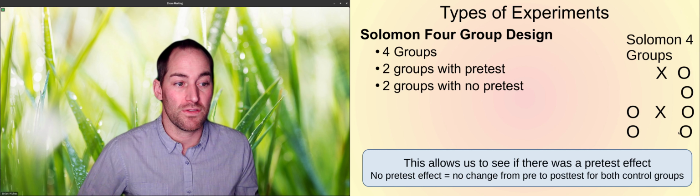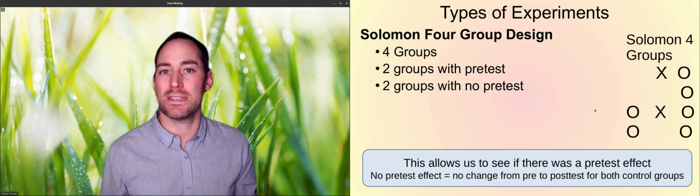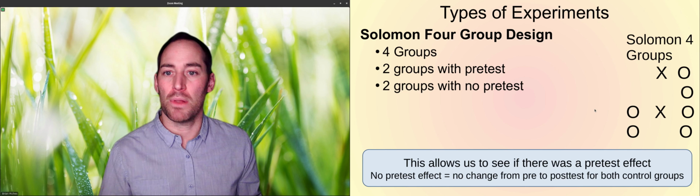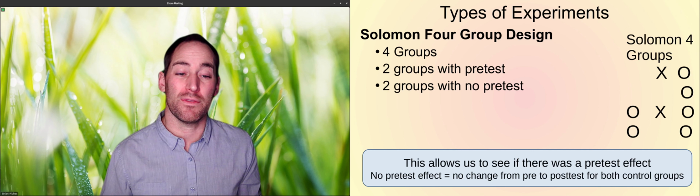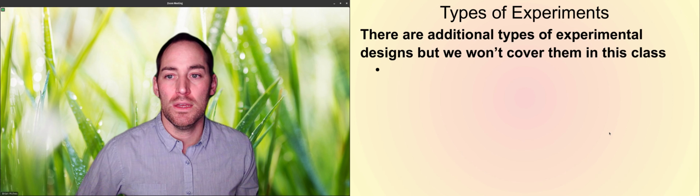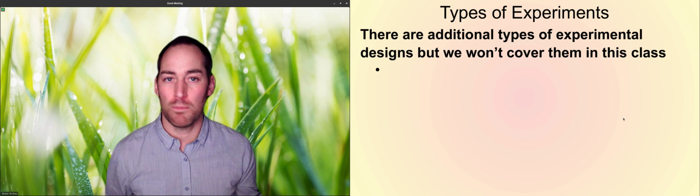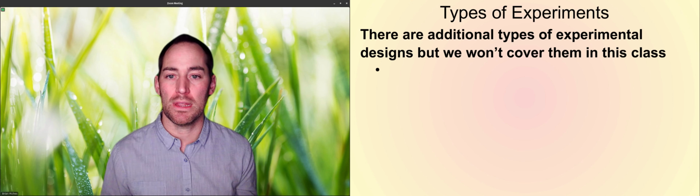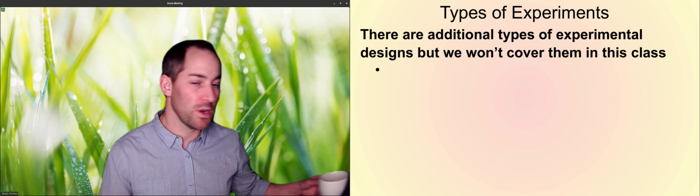And was there change from here to here as well? So it's a much stronger design. Again, this kind of complexity actually makes it better so that you can compare the groups in a lot of different ways. So there are additional types of experimental designs. You can add more groups, you can add more treatment levels, but for this class, that's all we're going to cover for experiments.